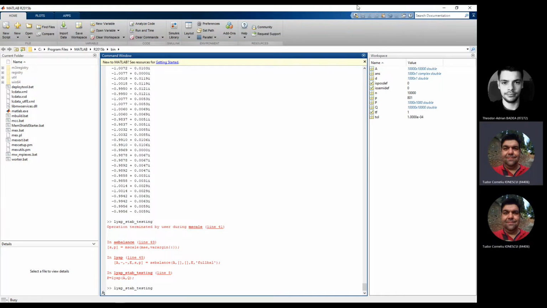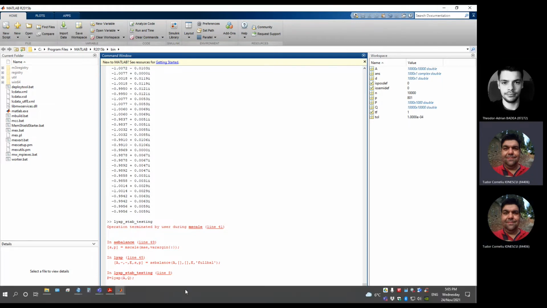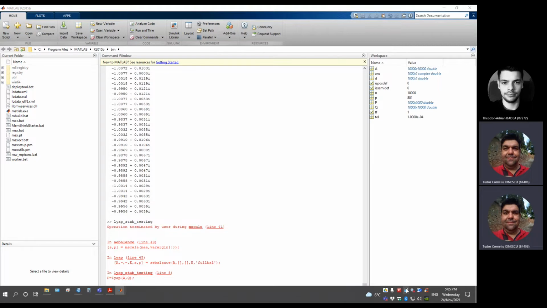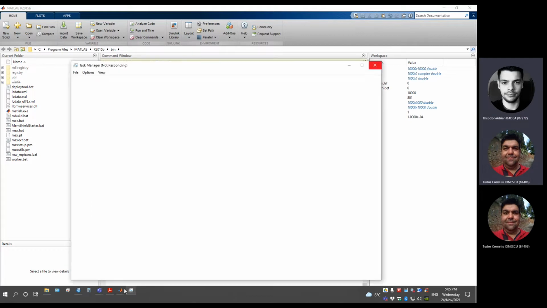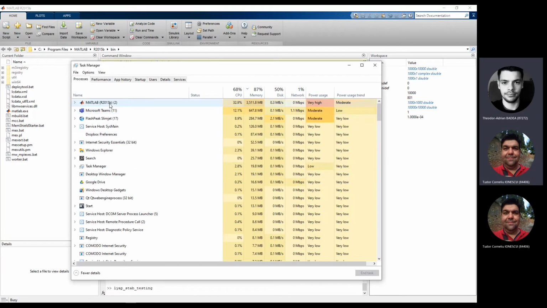Okay. It should stop somehow now. I'm afraid it does not. As far as I know, if you try to stop MATLAB while it's computing something, it will crash. You have to kill it.